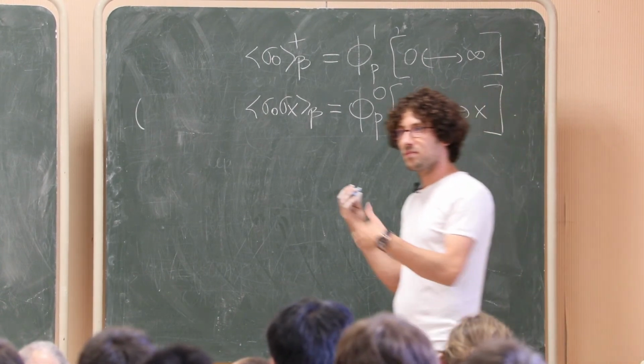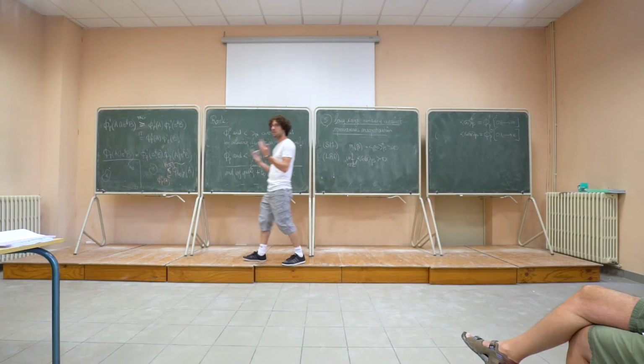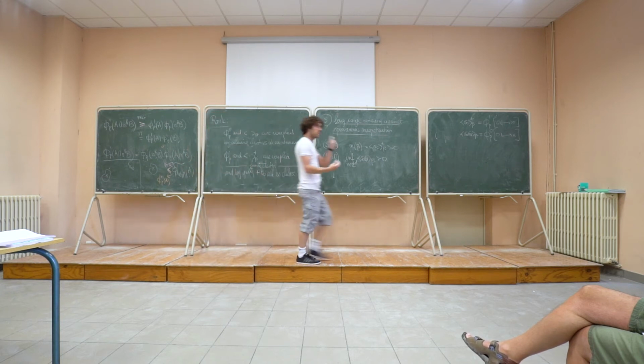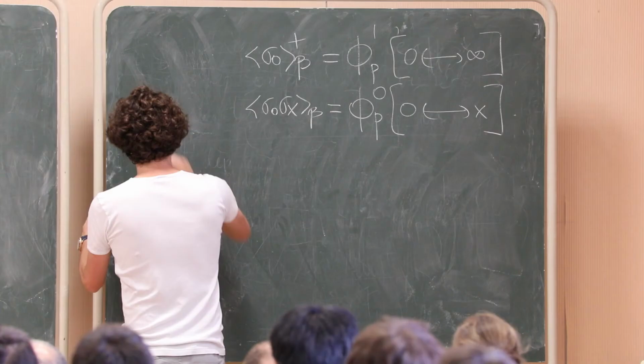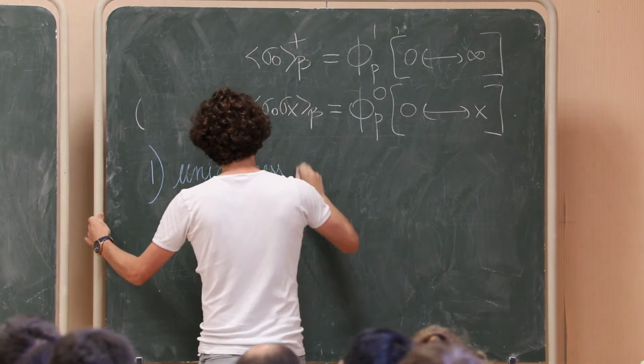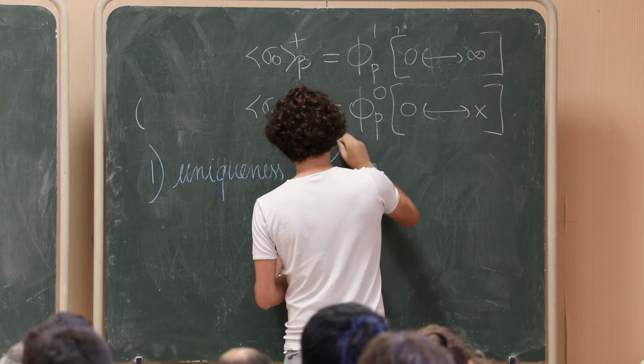But when I'm saying there is a huge one, I'm assuming something which a priori is not trivial, that in some sense I have a unique infinite cluster. So the first thing I need to check is, do I have uniqueness of the infinite cluster?